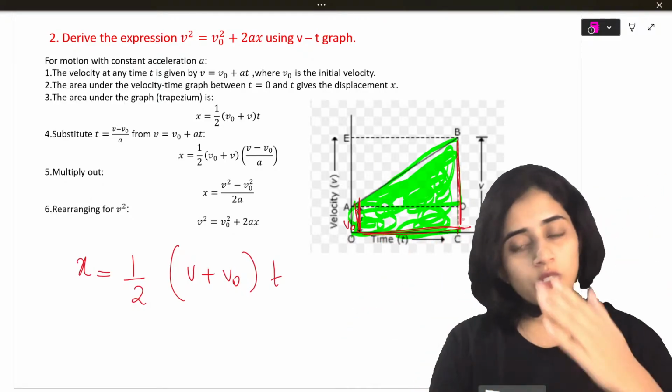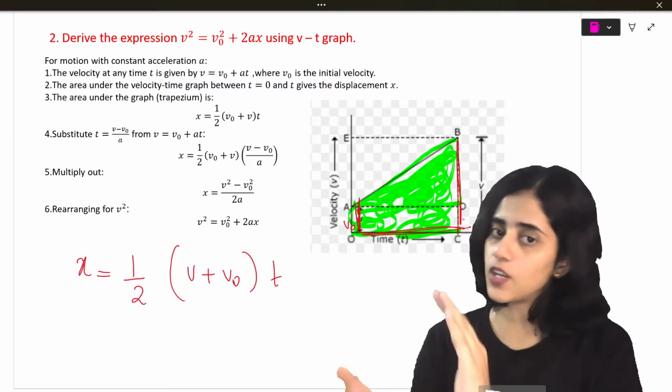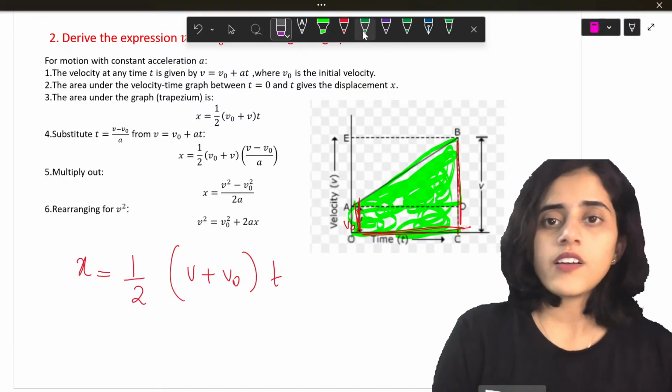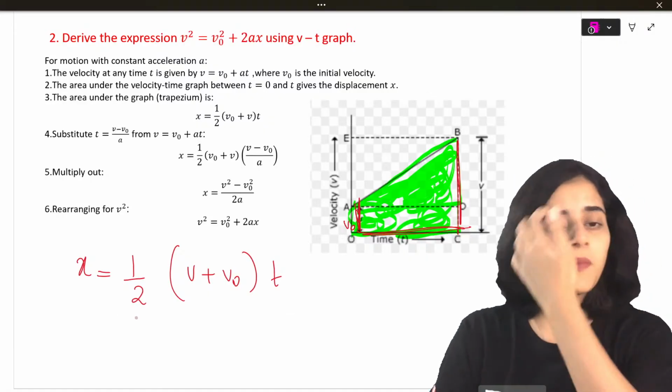You can also take it as area of triangle plus area of rectangle. No issues, you can take it that way also. Alright, so this is the first step. And then what am I going to do?